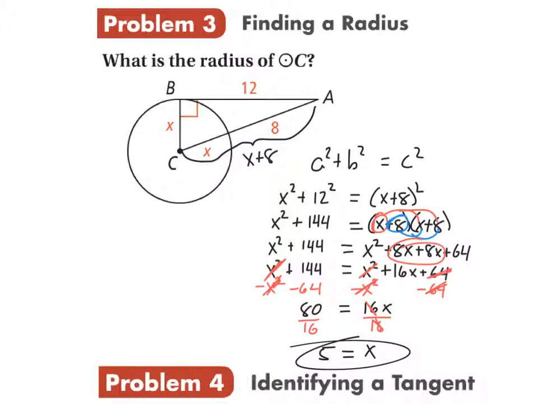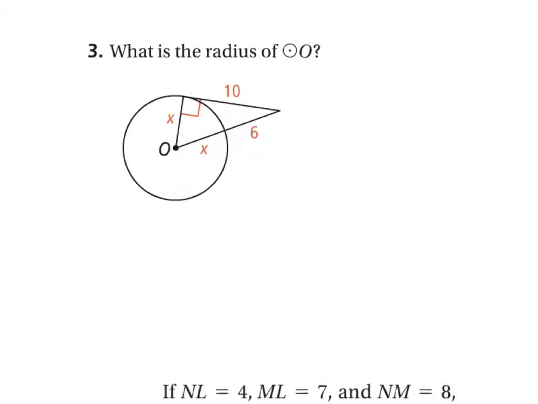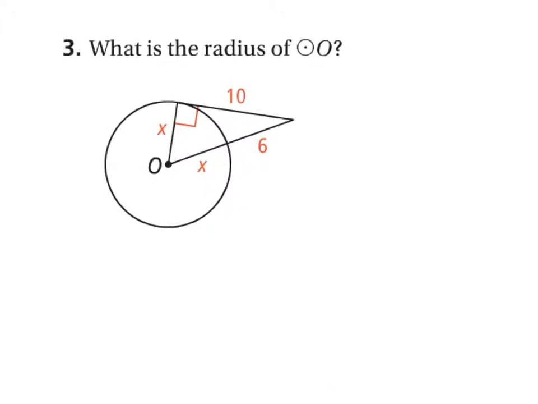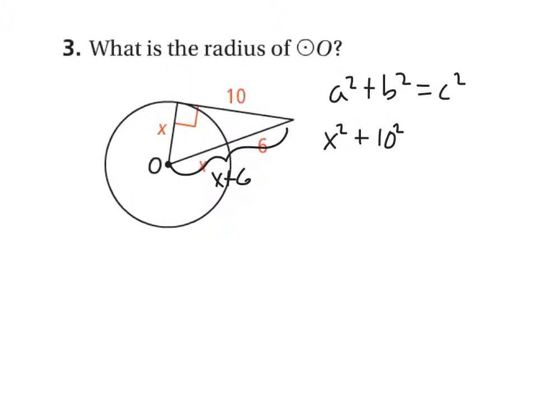Questions on this? I would like you guys to work the next problem. Follow that same example. It's the exact same thing. So what we should be doing on this problem. First off, Pythagorean theorem. And this length is x plus 6. So, x squared plus 10 squared equals x plus 6 squared.